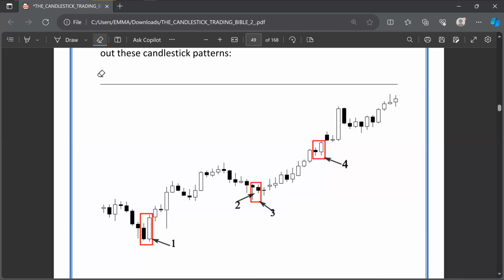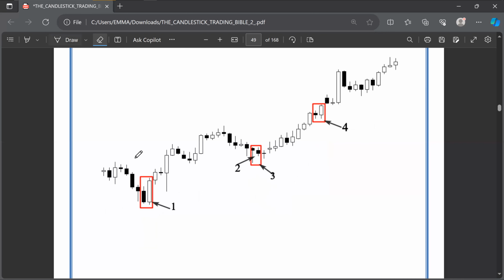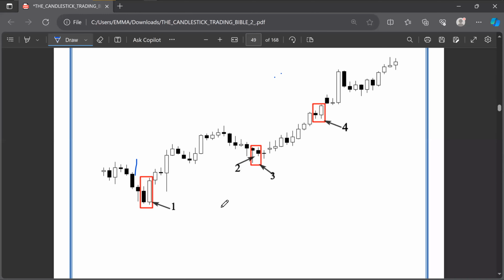So now here, my answer or our answer, if you side with me, this is bullish engulfing.